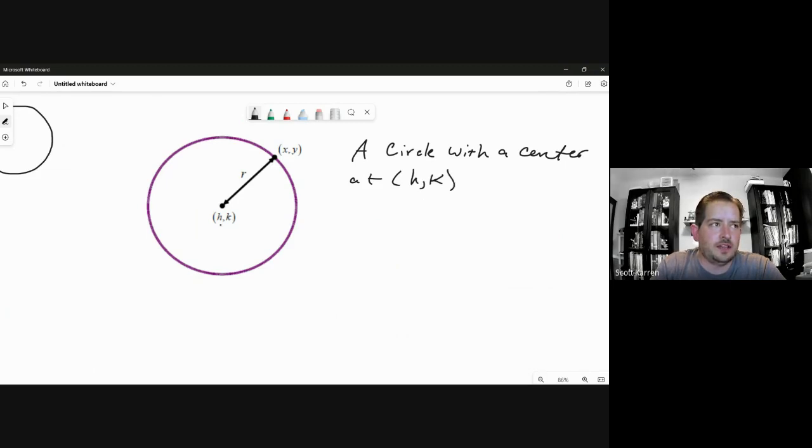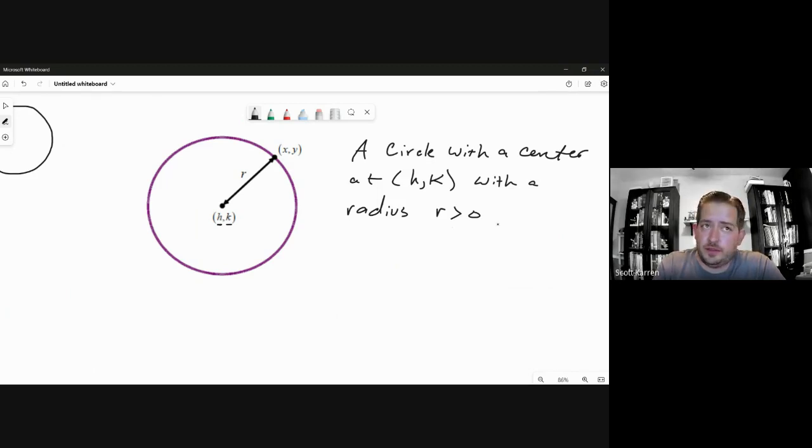So the x value of h and the y value of k as an ordered pair is the center of our circle, with a radius r, and that r has to be greater than 0. R could be 0 itself, but if that is the case, you have a point and nothing else. But if r is negative, it doesn't really make sense. So, just to avoid having to define anything weird like that, we're just going to say r has to be greater than 0.